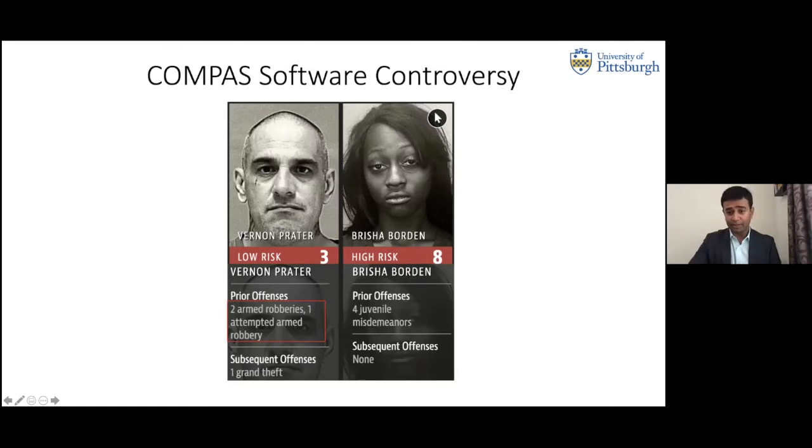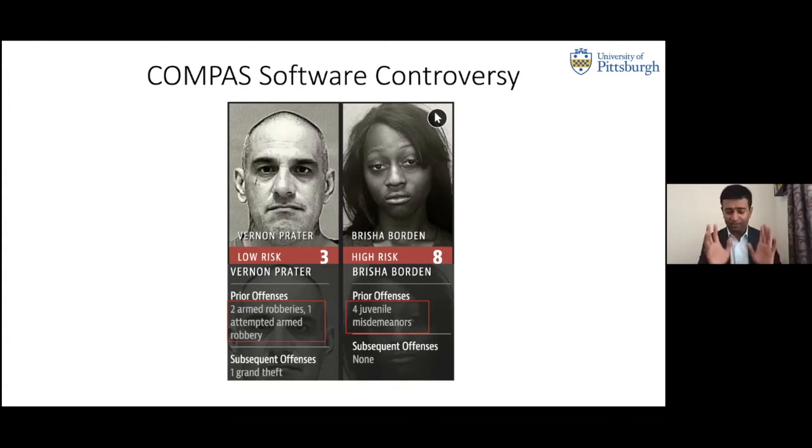On the other hand, the black female has committed only 4 juvenile misdemeanors. For those of you who are not from India, the technical definition of a juvenile misdemeanor is that if you resist some kind of law enforcement procedure, for example, if you resist having your car searched, or resist getting arrested, then it is a juvenile misdemeanor.